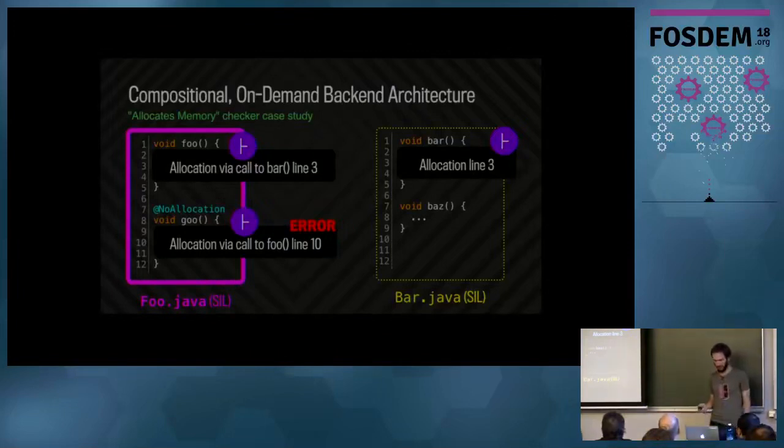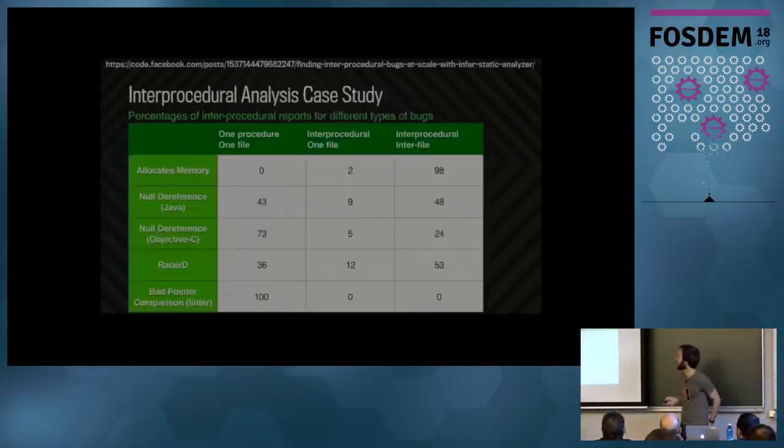Okay, so that's on-demand analysis. But now, interprocedural issues. One thing we were wondering at some point is how important it is that the analysis is interprocedural. So we did this case study of bugs that were reported by Infer recently, and we counted for each of them whether they were interprocedural. We sorted them into 3 buckets.